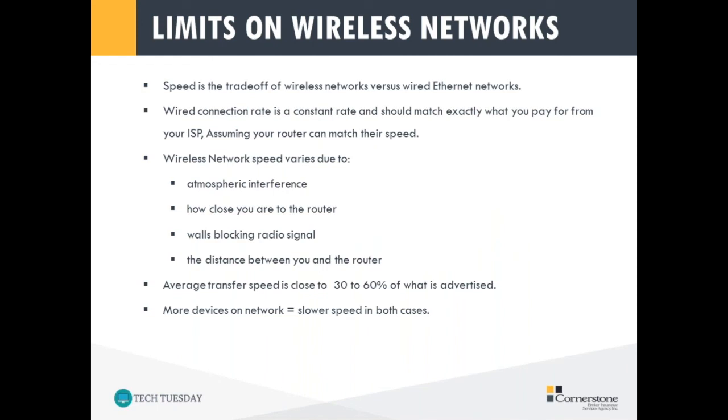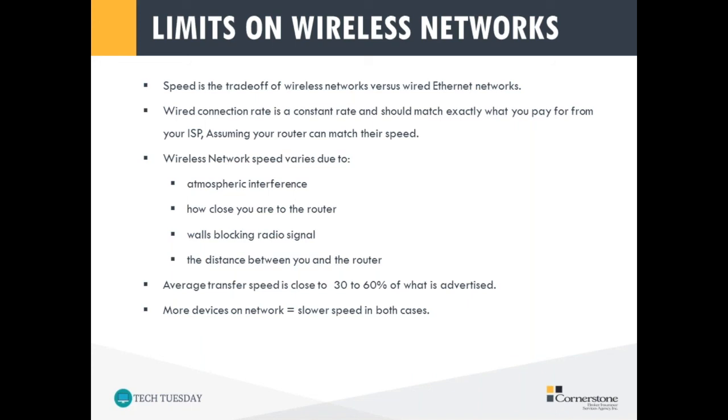The last thing I will mention, though, is the limits on wireless networks. Speed is the trade-off for ease, I guess, is what I'd always say for wireless networks versus wired Ethernet ports. Wired connection rate is constant and matches exactly what you're going to pay for from your ISP, or at least it should. This is assuming that your router can match the same speed.